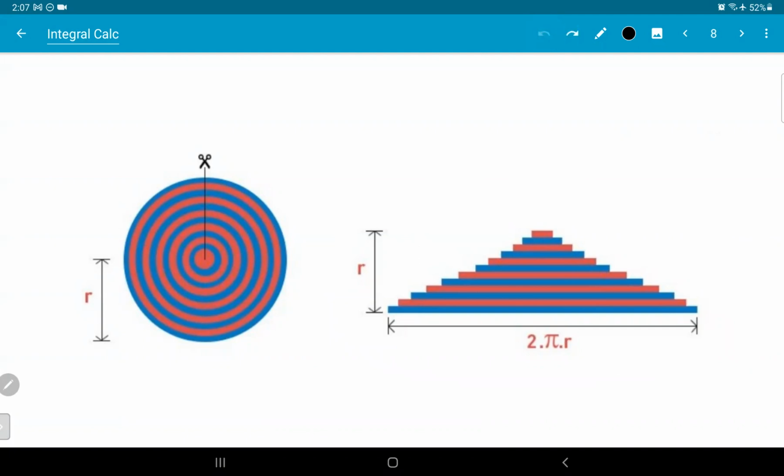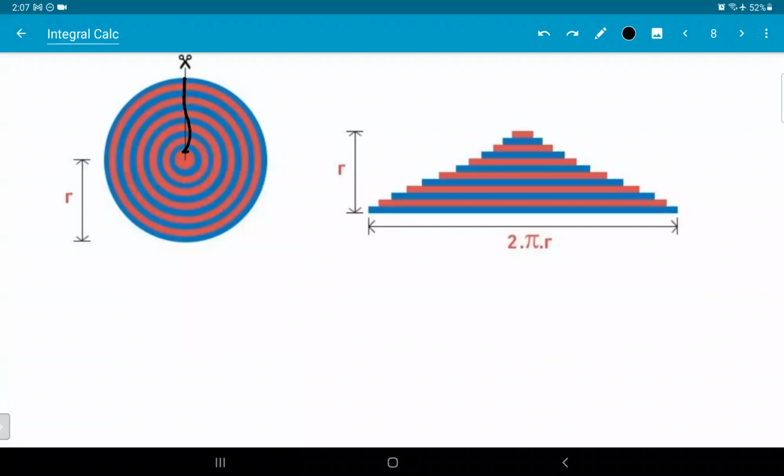The r comes from the fact that this strip, or this cutting here, has the length of the radius of the circle. And this 2 pi r, which serves as the base of the triangle, is this circumference here. We already know the circumference of a circle as 2 pi times its radius. So you will be forming a triangle with height r and base 2 pi r.